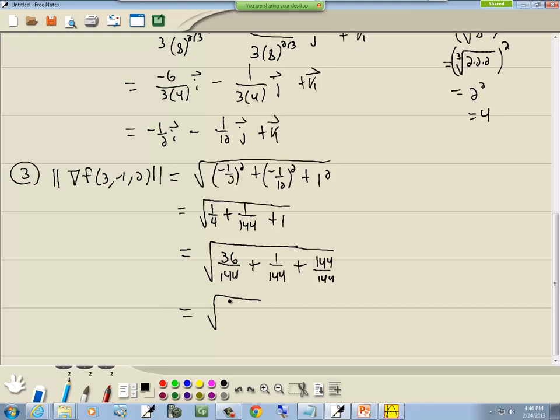Merge those together. Got a calculator here. Plus 1 plus 144. 181. So that gives us 181 over 144. Ooh, I'm about out of space here. That's not good.